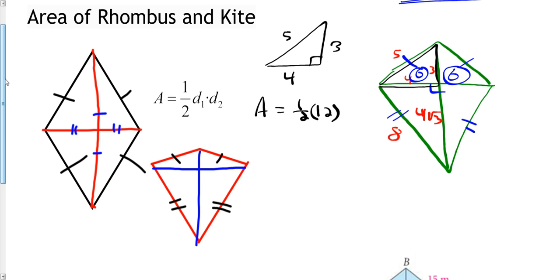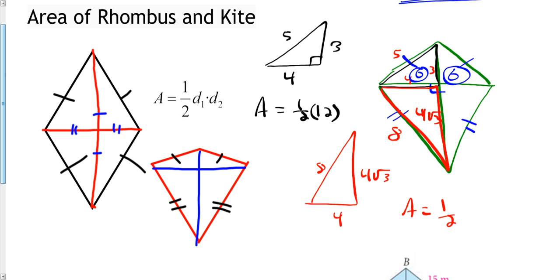Then we have this other triangle down here, and I'll flip it around so it looks like this instead. And that is 4√3, and 8. So that area is going to be 1/2 base times height. And I guess that's going to come out to 8√3.